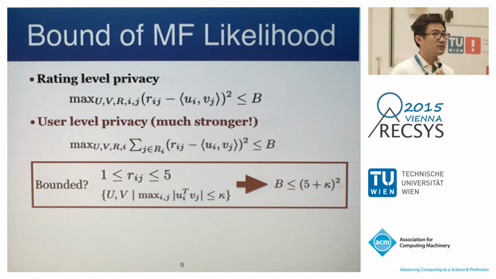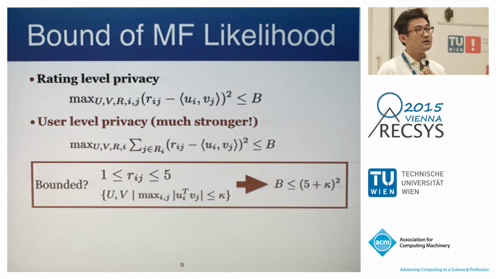It depends on your requirement. If you need to protect users' ratings, you may need rating level privacy, which means no malicious user can infer any user's opinion on any movie.